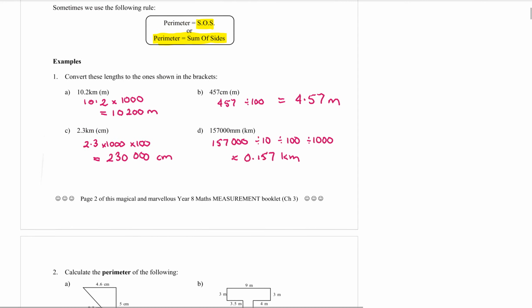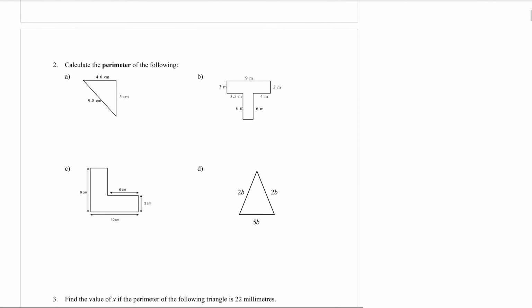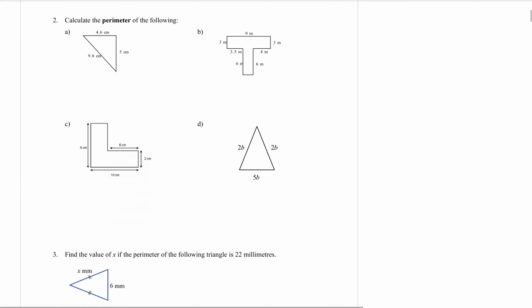Okay, moving on to the next question. Question 2, we want to find the perimeter. Now remember that perimeter is the sum of the sides. So what you need to do first of all is check that you have a measurement on each side of your shape. So for this first one, it's a triangle. So there's 3 sides and I've got 3 numbers on those 3 sides.